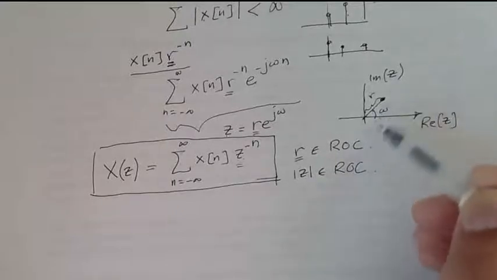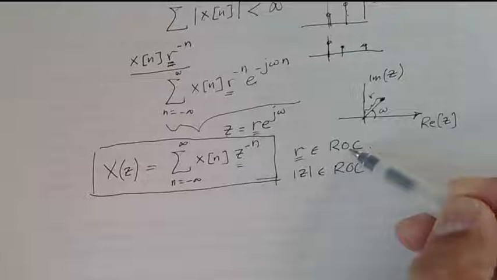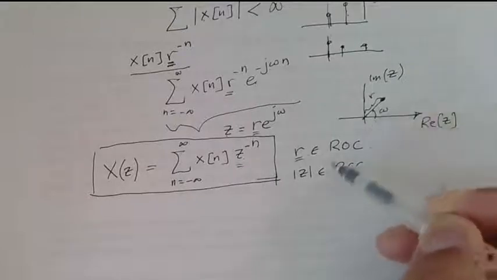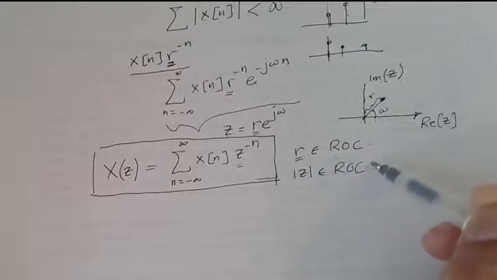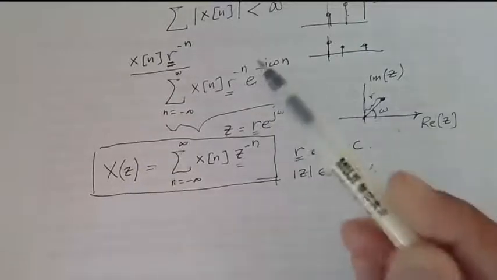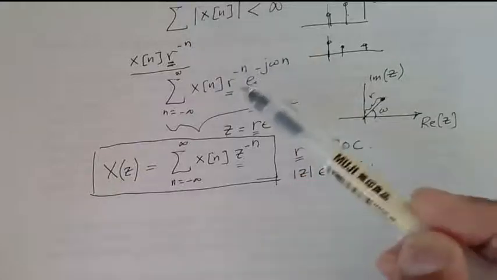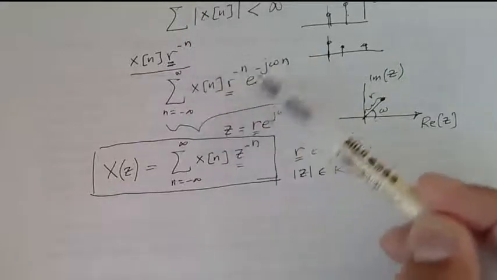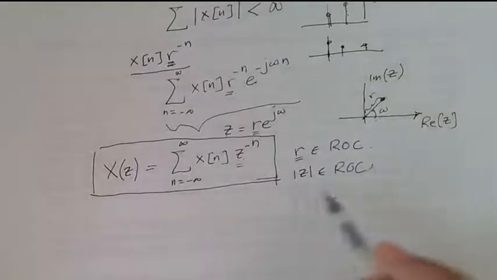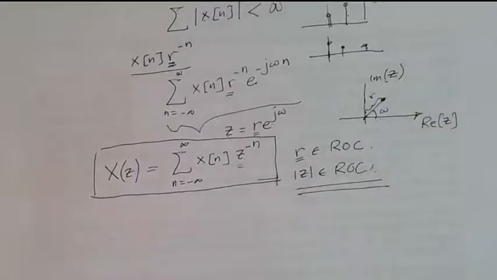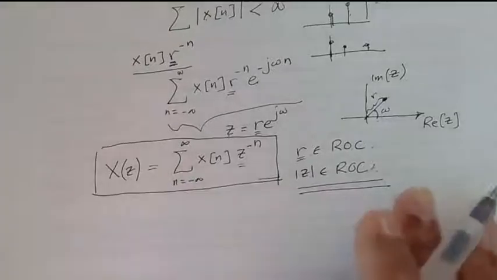Okay, so when we say that r is a part of the region of convergence, what we mean is that the magnitude of z takes on a value that allows for this summation here to be absolutely summable. Okay, this will become a little bit more clear as we go along. So basically, this is the z transform.